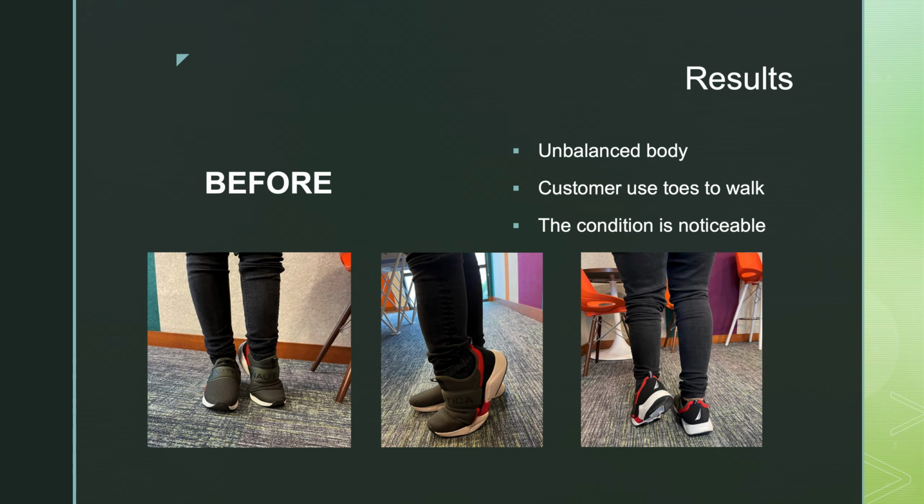Before showing the results, we wanted to show the case before in detail and talk about it. As you see here, his right foot is completely flat on the ground, doesn't have any problems, looks 100% normal.